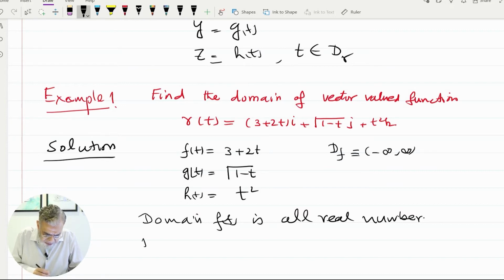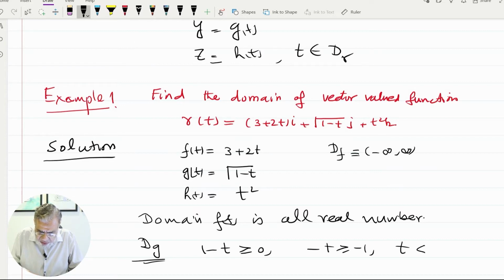When I find the domain of the function g, it requires 1 minus t bigger than or equal to 0, or we can write minus t bigger than or equal to minus 1, or t less than or equal to 1. So that will be from minus infinity to 1. So the domain of g is minus infinity to 1.